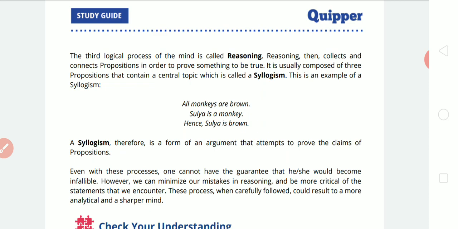So even if we all aim to develop the skills, at some point in our life we can always make mistakes, even in the statements we make or in how we come up with a certain conclusion or generalization. However, we can minimize our mistakes in reasoning and be more critical of the statements that we encounter.